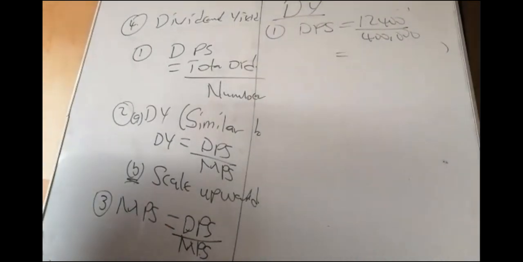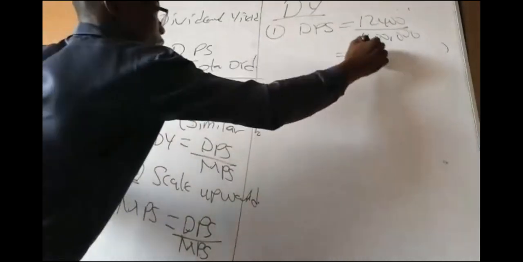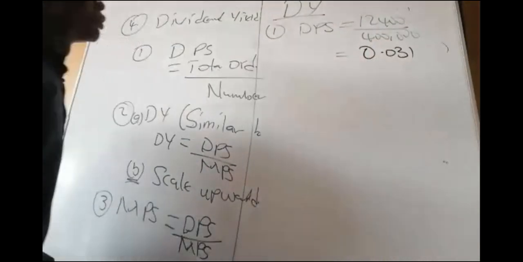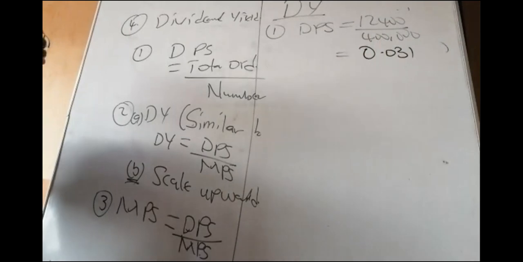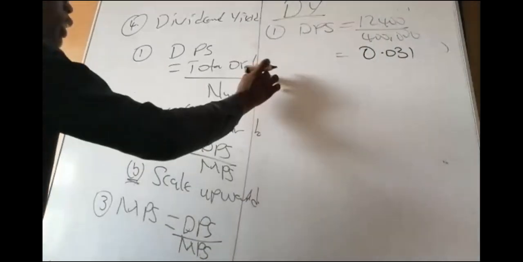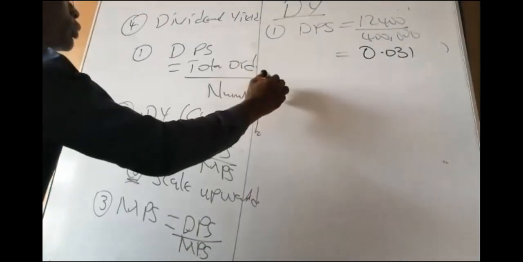The dividend must be ordinary dividend, not preference dividend, so take note. So that's 0.031. We're not done. Let's go to step 2.